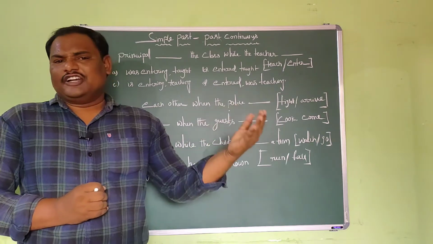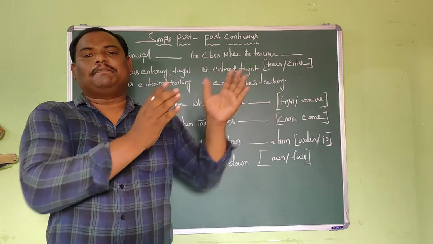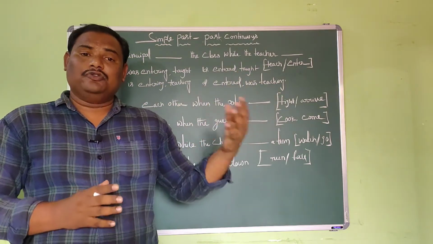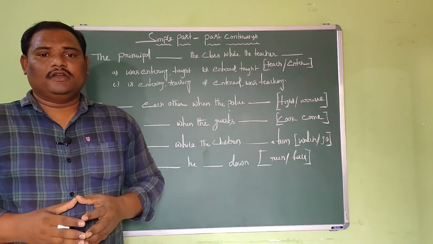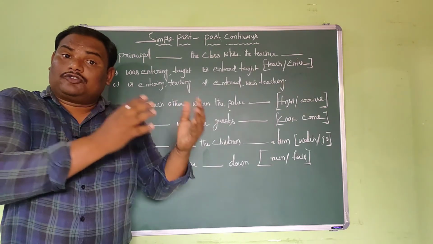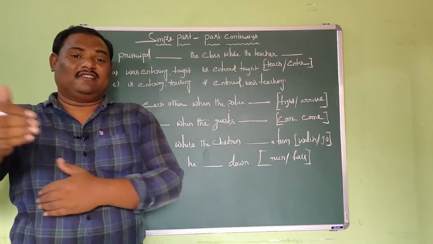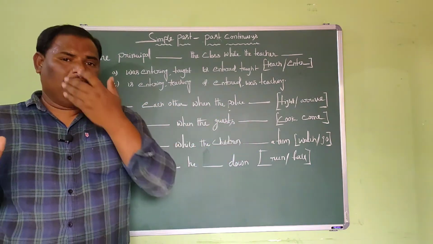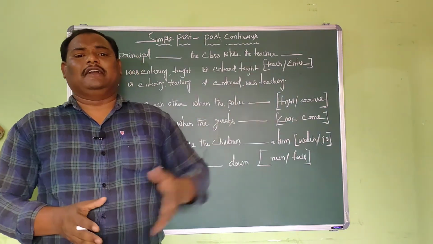And the past continuous tense is used to describe progressive actions in the past. It is also used when we want to describe the annoying habits of someone. It also describes past conditions that are not existing in the present. Of course, there are many uses of simple past and past continuous. That is not the matter.